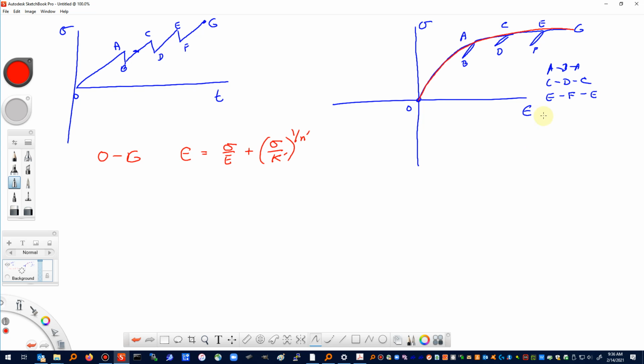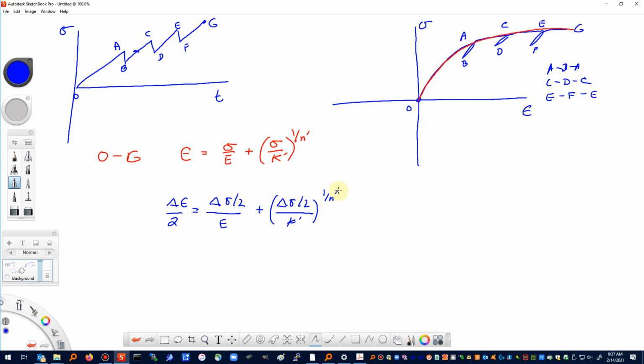If I wanted to describe the hysteresis branch ABA, I would use the hysteresis branch equation. Let me do that in blue. Delta epsilon over 2 is equal to delta sigma over 2 divided by E plus delta sigma over 2 divided by K prime, to the 1 over N prime.